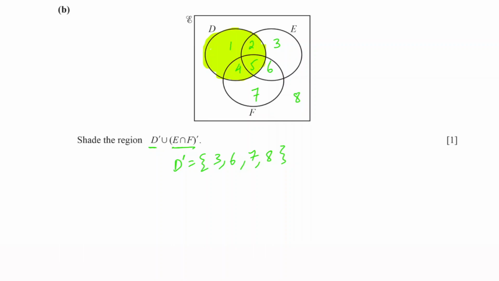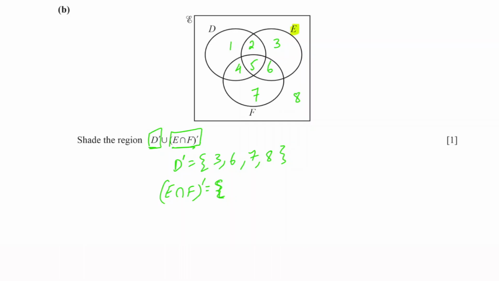First I have taken D', now I will take E intersection F'. This is a curly bracket. For E intersection F', first, what is E intersection F?